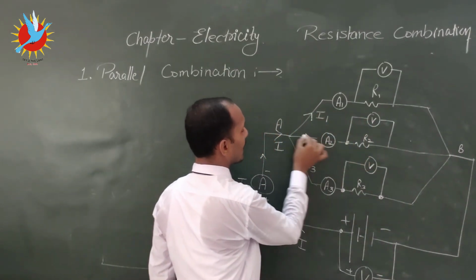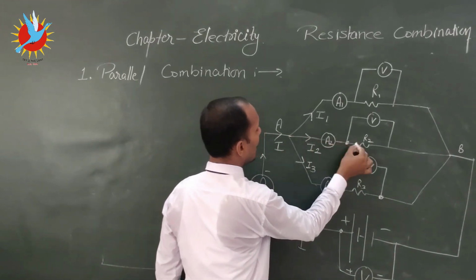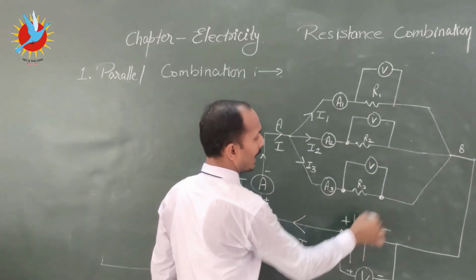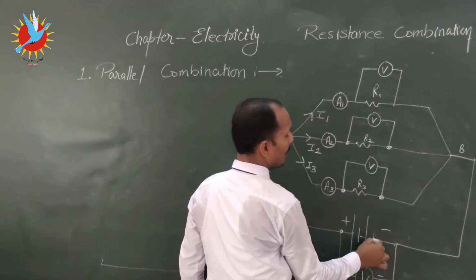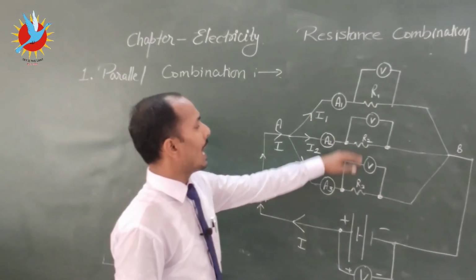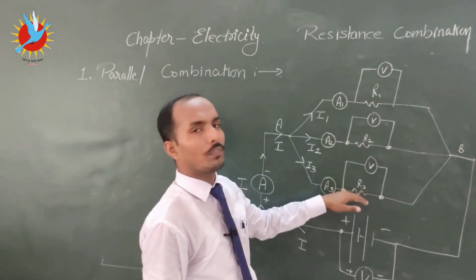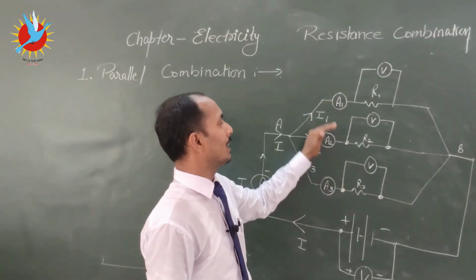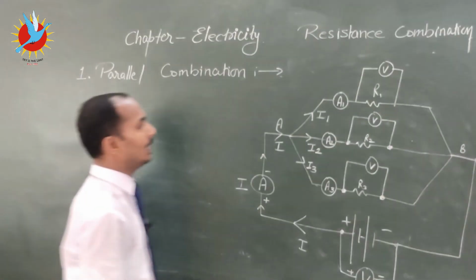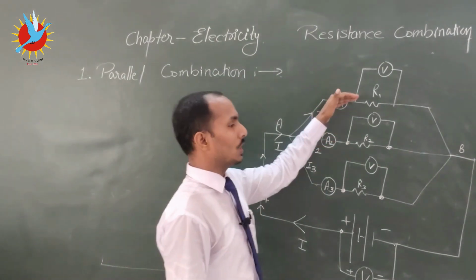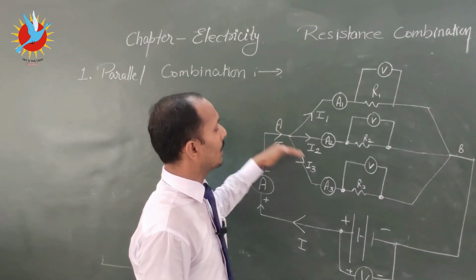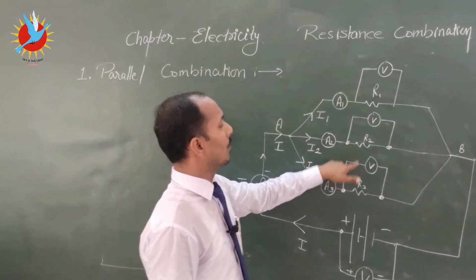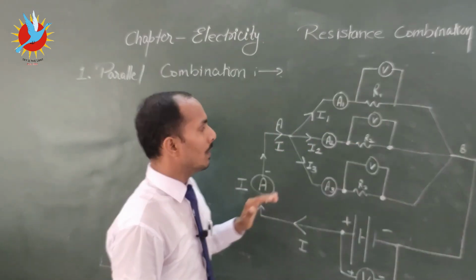So these have the same potential difference, but different current. This is the basic point in parallel combination: current is different, but voltage is the same.